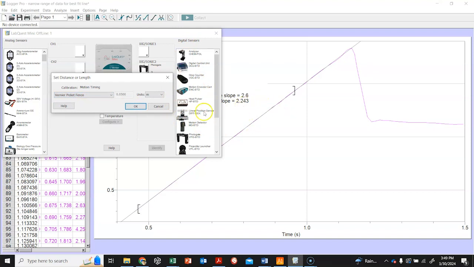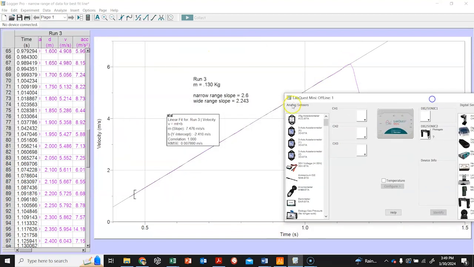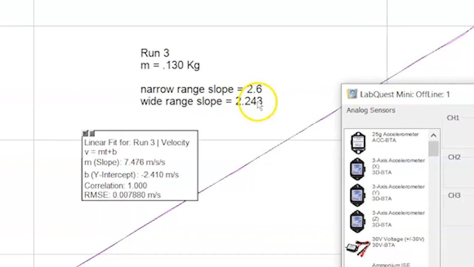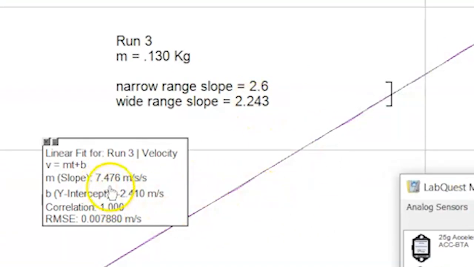Right now it's 2.243, and if I change the setting to that picket fence, now this says 2.243 because that's what I typed, but here's the new slope of the graph using that setting, 7.47 meters per second squared, 3 times as much. So it's a huge mistake, and your data would be completely off if you had this setting.